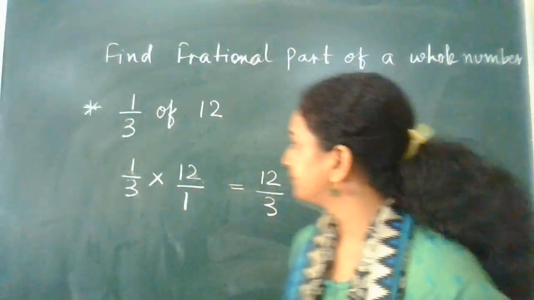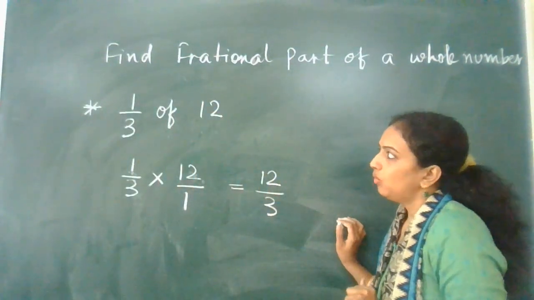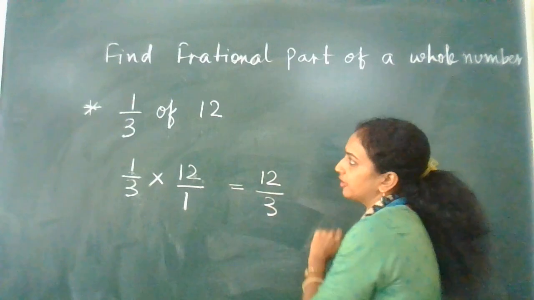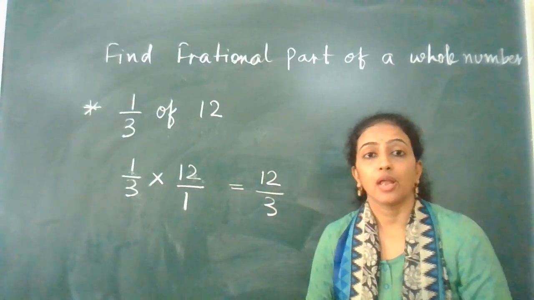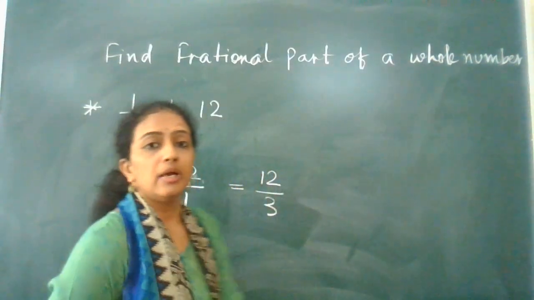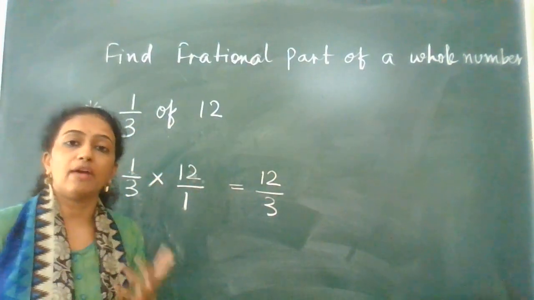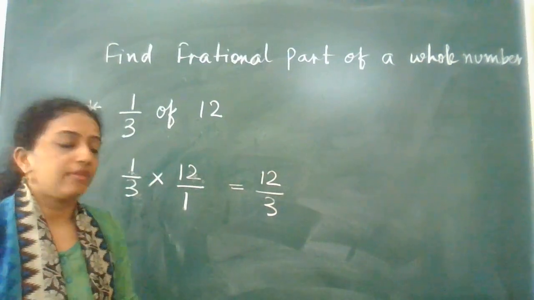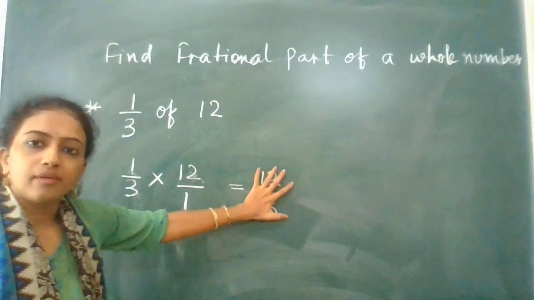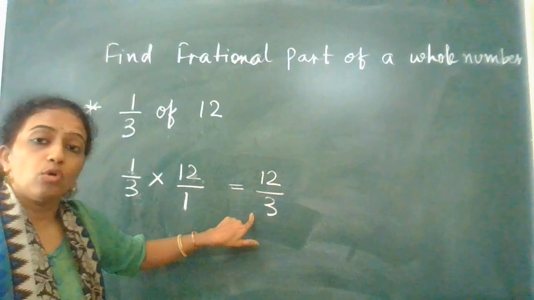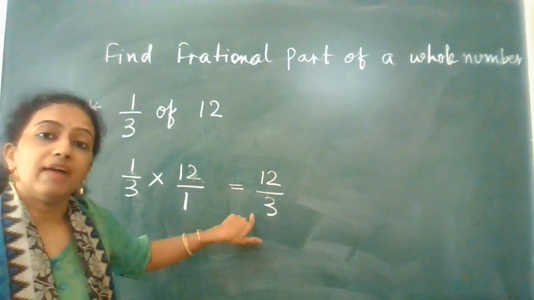Now what? We have just done the multiplication. Now we have to find out 1/3 of 12, which we have not found out. Now what do we have to do? This is now numerator over denominator. Now we have to divide it.